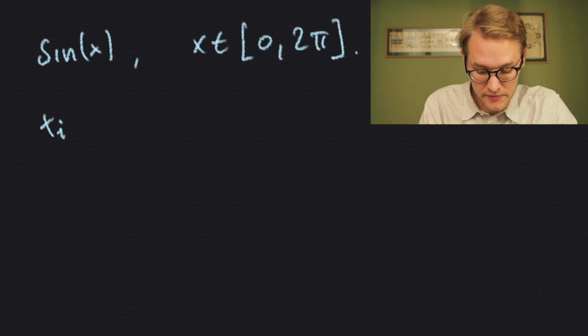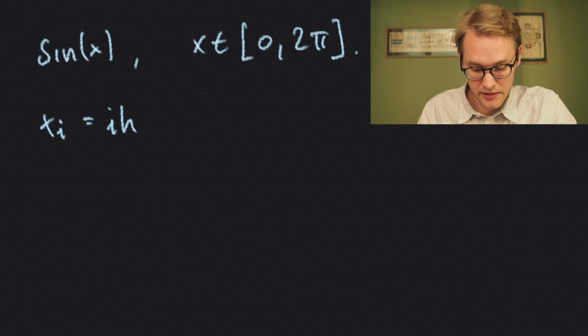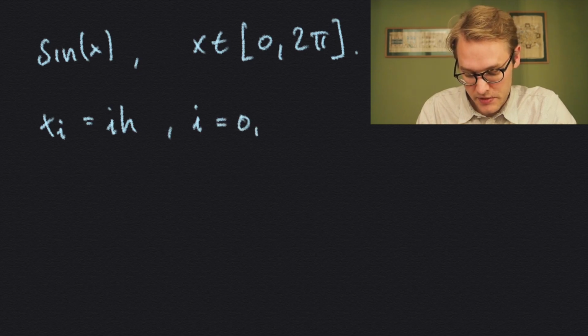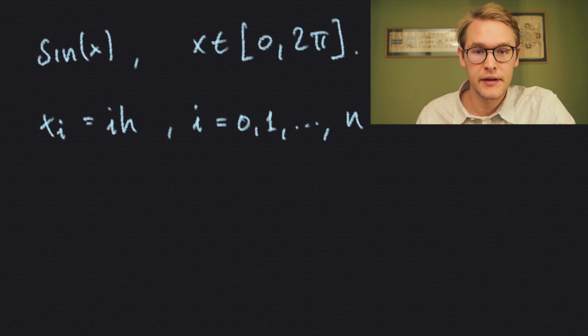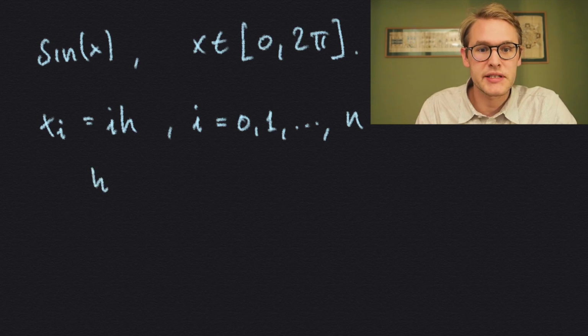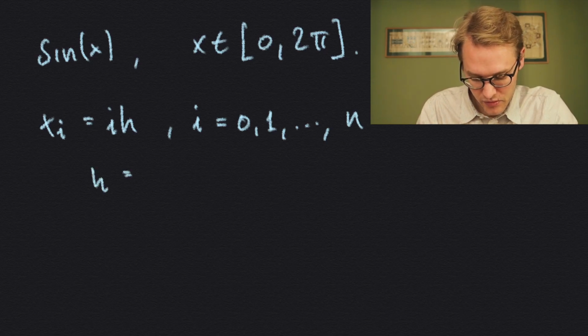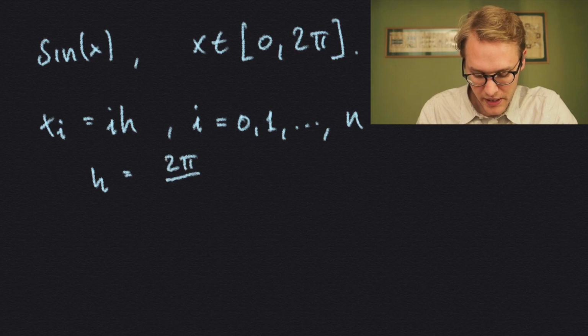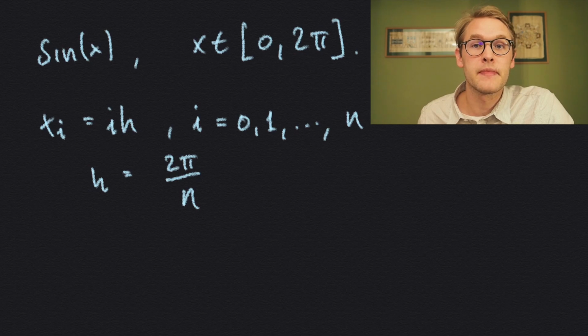some x's defined as x_i = i times h, where i is simply an integer from 0 and all the way up to some number n, and h is what we call the step length, which would be 2 pi divided by the number of values.